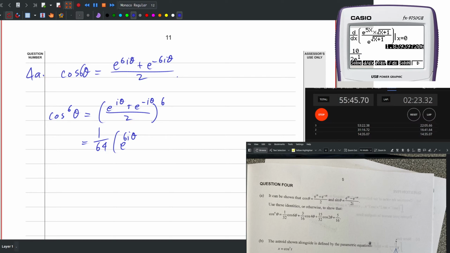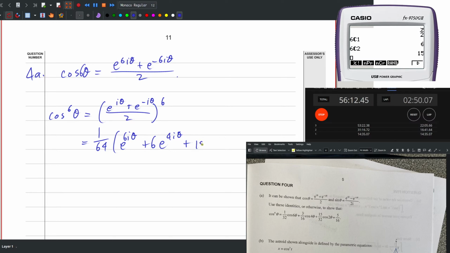So we just go, how does this work? So 6C1. Okay, obviously that's 6, plus 6 e to the 4I theta plus 6C2.